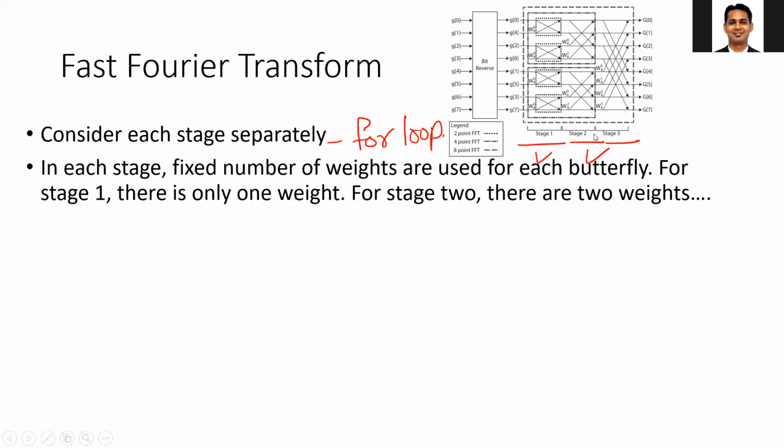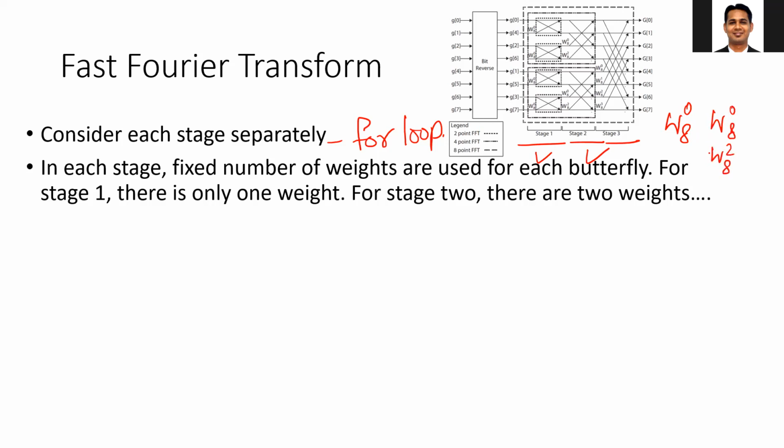Now, in each stage, a fixed number of weights is used for the butterflies. In stage 1, we are using only one weight, which is W0 of 8. In stage 2, we are using W0 of 8 and W2 of 8.